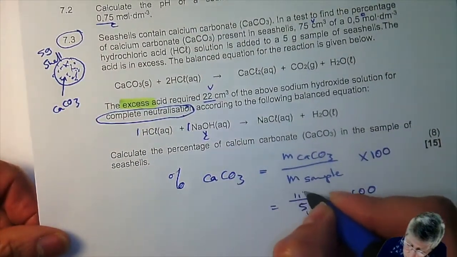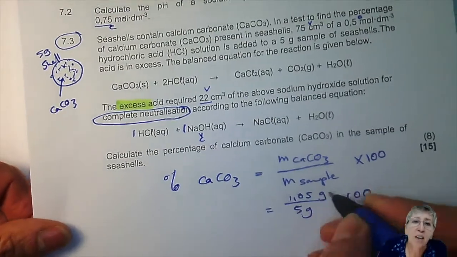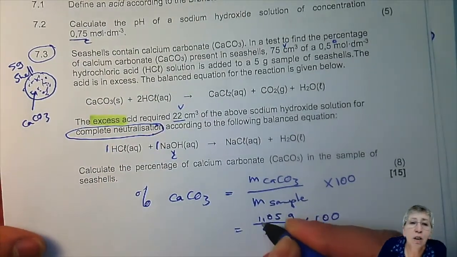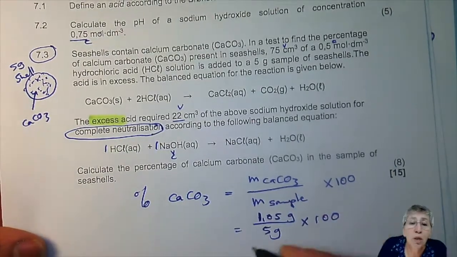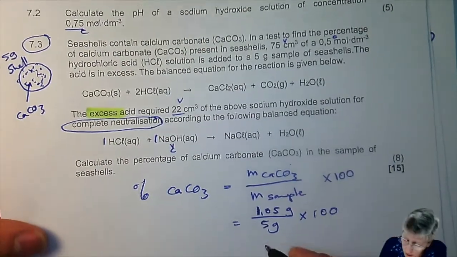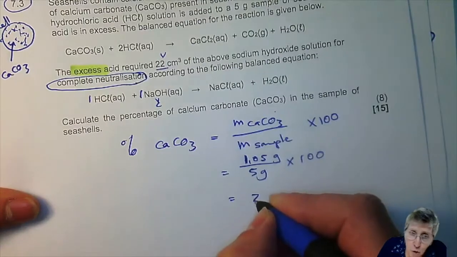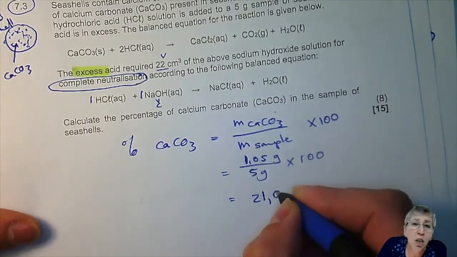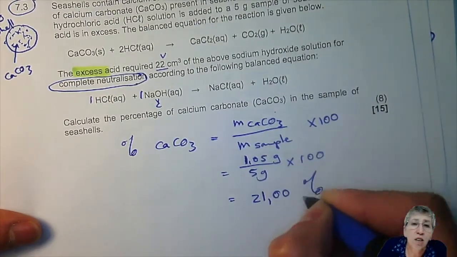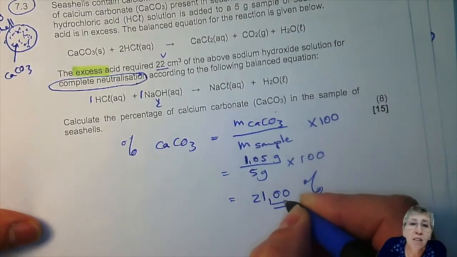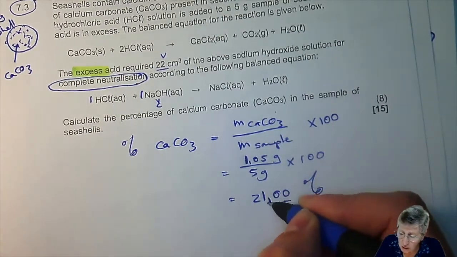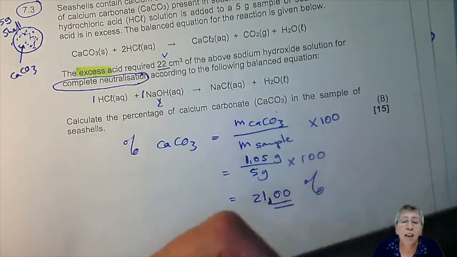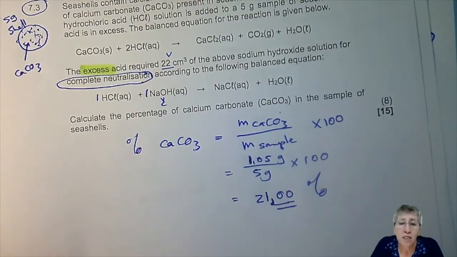So 1.05 grams out of the total 5 gram shell sample that we used were really calcium carbonate. If you work that out, you end up with 21. But guys, you need 2 places after the comma, so don't skip that, 21.00. Even if your calculator just tells you 21, you need to have the 2 extra zeros.